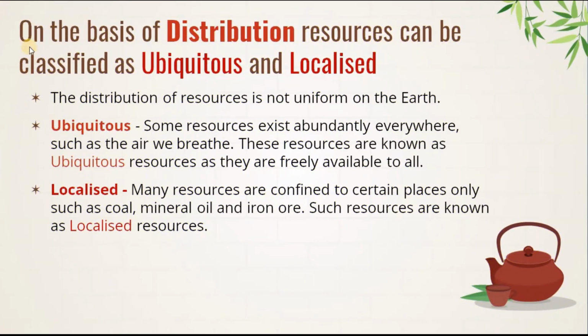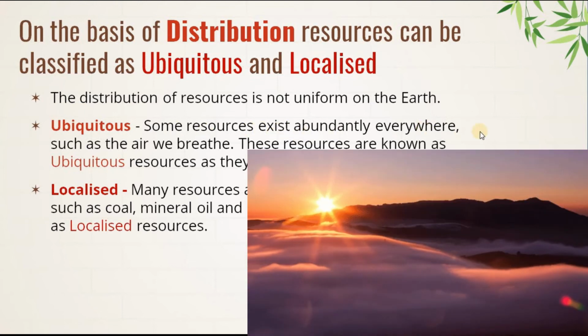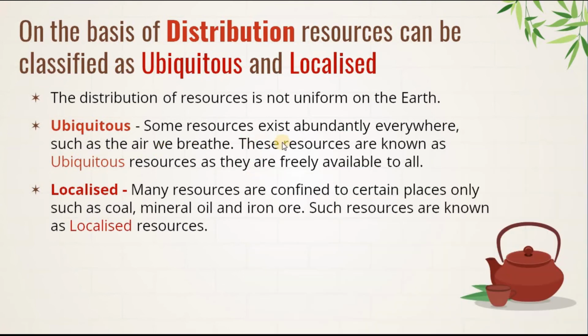Okay students, you can see here on the basis of distribution, resources can be classified as ubiquitous and localized. So what do you mean by ubiquitous? Some resources exist abundantly everywhere, such as the air we breathe. These resources are known as ubiquitous resources as they are freely available to all.